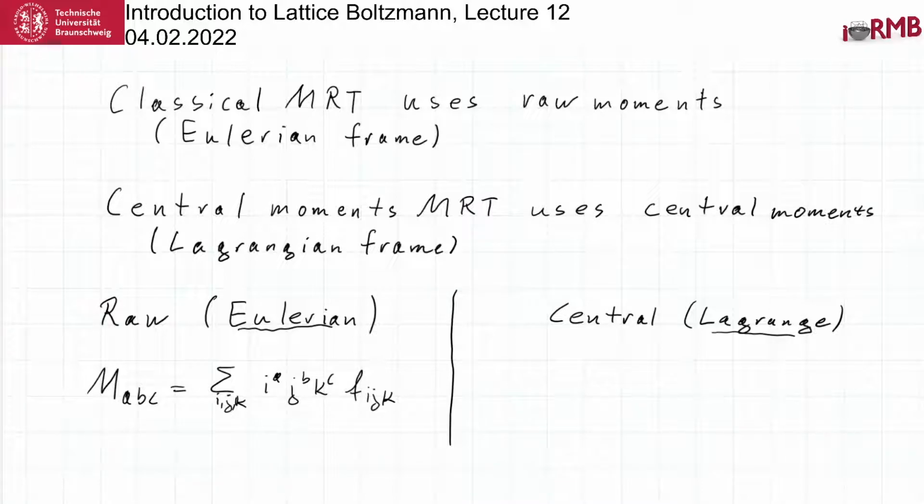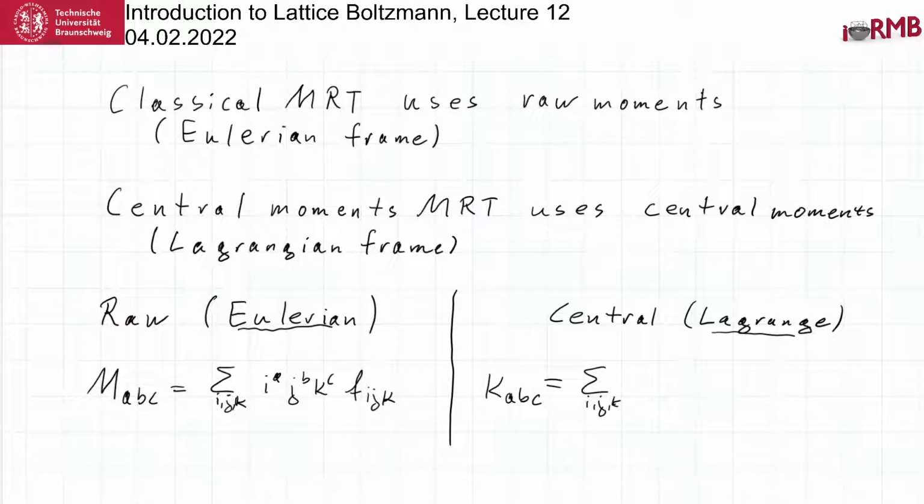So this is the raw moment, and the central moment then, we write them as K_abc for historical reasons, is of course the same sum.